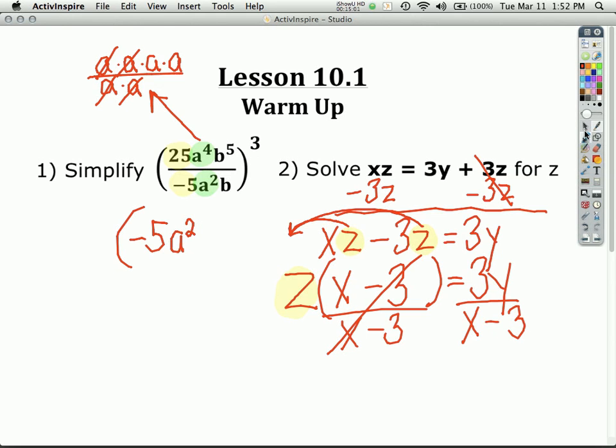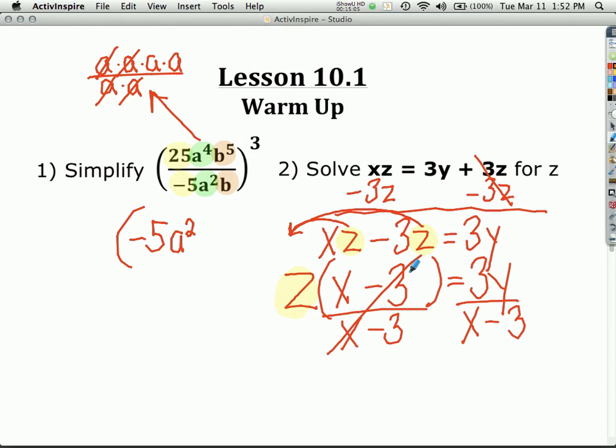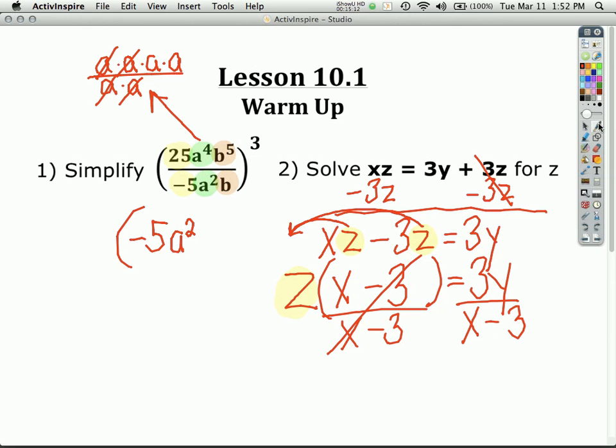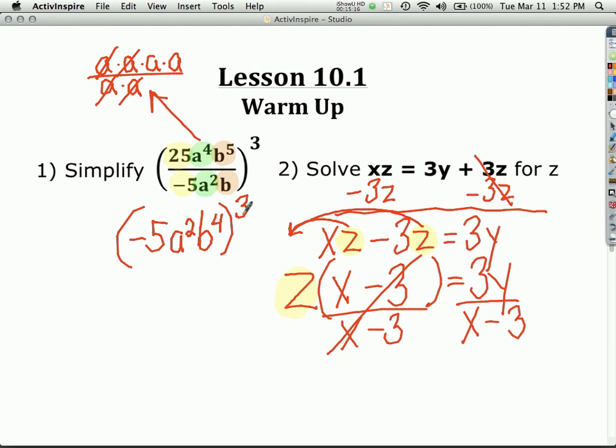And what about b to the 5th over b. What does that become? Caleb? Michaela? B to the fourth. Very good. So you get b to the fourth, and now we have to the third power. Now it's much more manageable. Negative 5 to the third power.